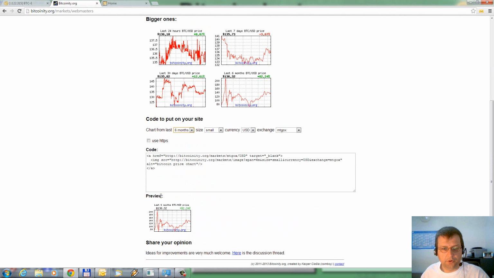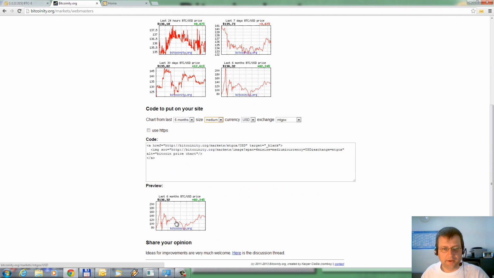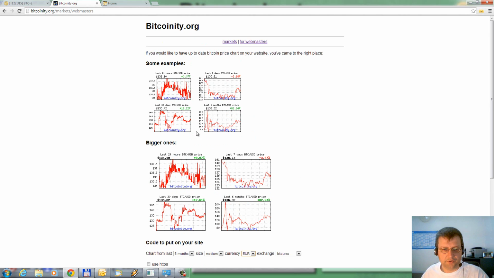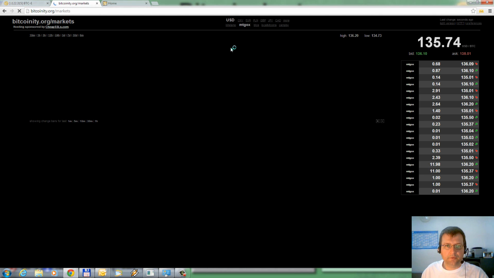Below this box you can see the preview and how this diagram will look. This is a medium-sized diagram, and if you change the currency, you will get a chart for a different currency.